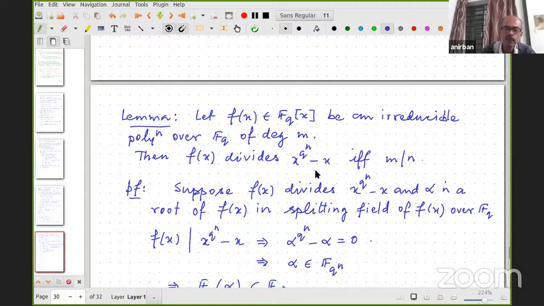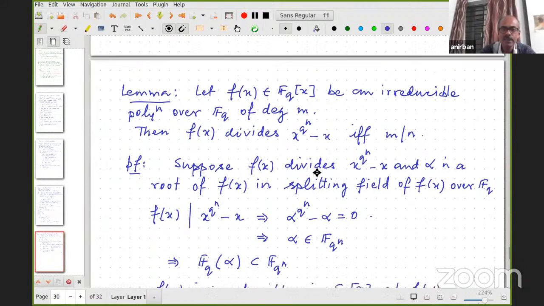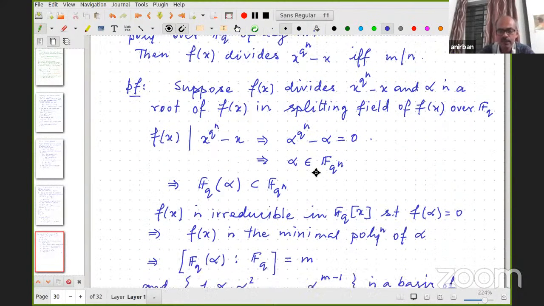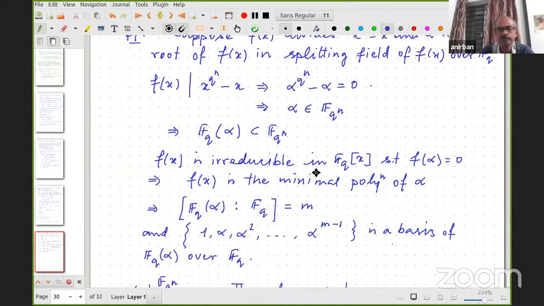Now the question is whether the division can happen multiple times. Can its higher power divide it? Suppose we take an irreducible polynomial f(x) of degree m. We know from this lemma, if m divides n, then f(x) divides x to the q to the n minus x. So can f(x) squared divide it? That's what is answered in the next lemma.